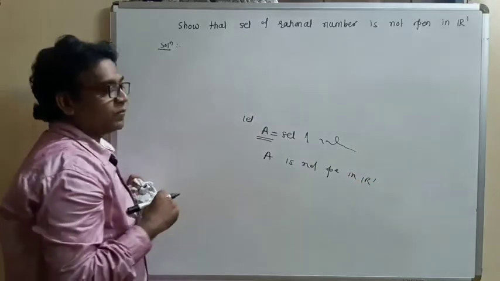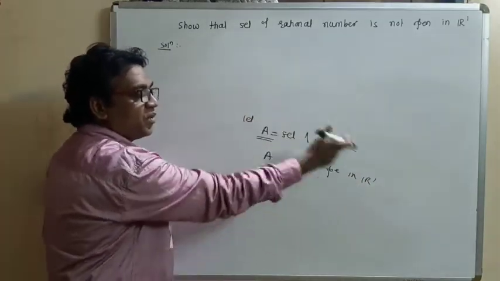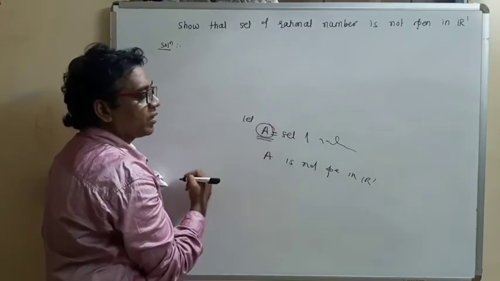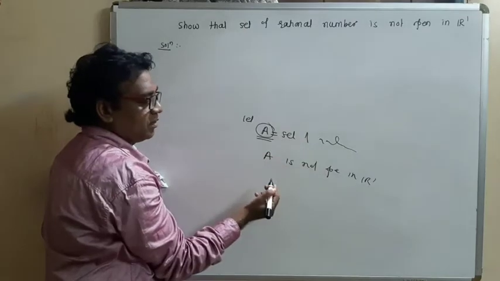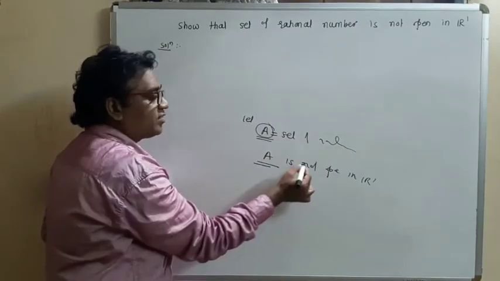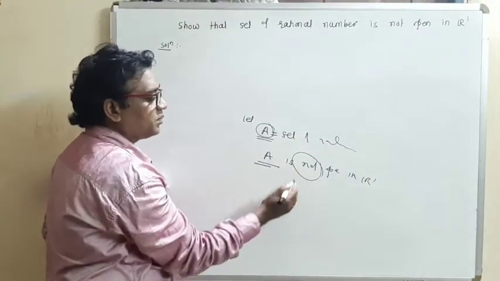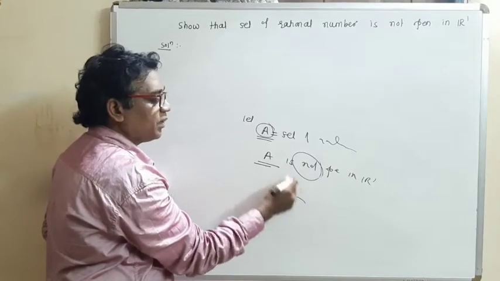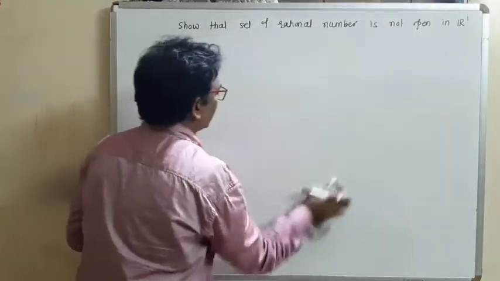So let us prove that A is not open in R1. This is again a negative type of statement, so for a negative type of statement we always use the method of contradiction. So we use the same method. Write down the solution.